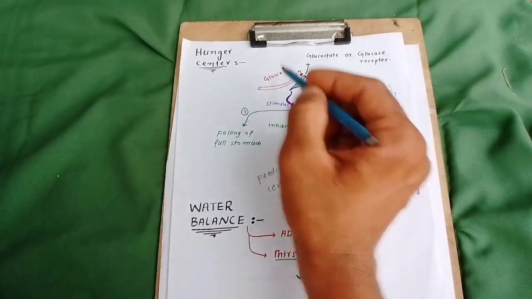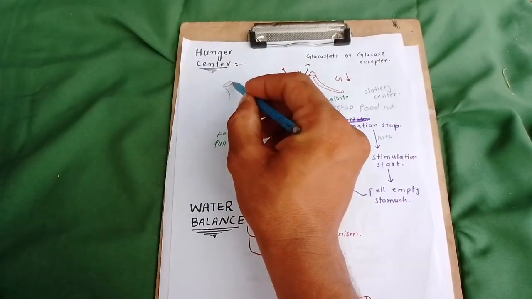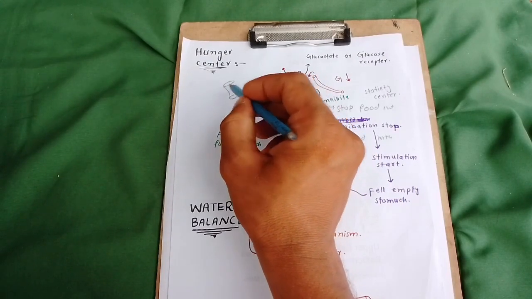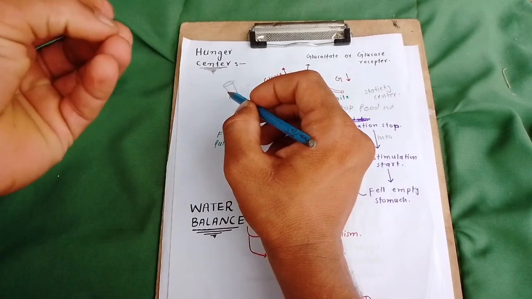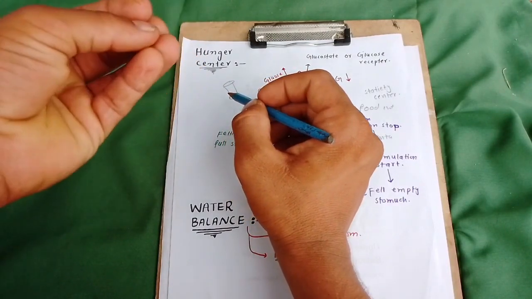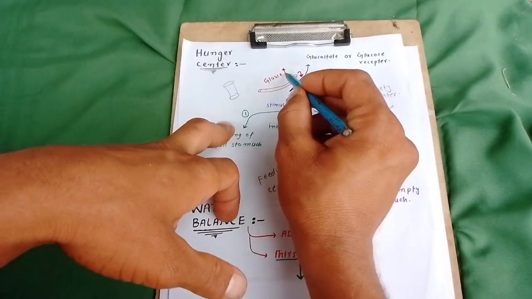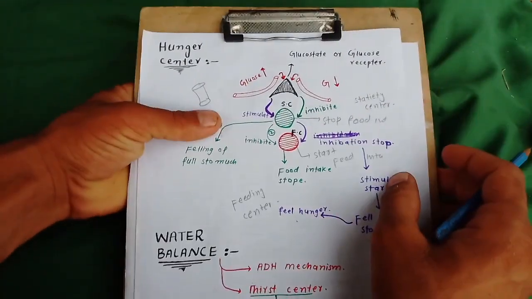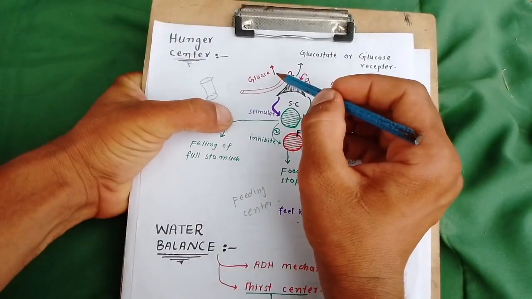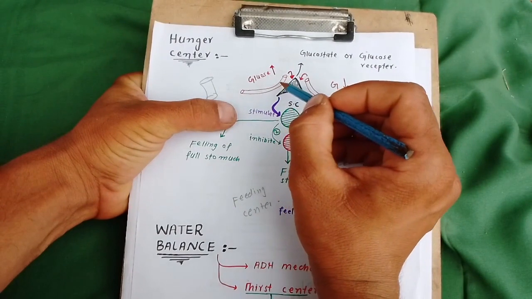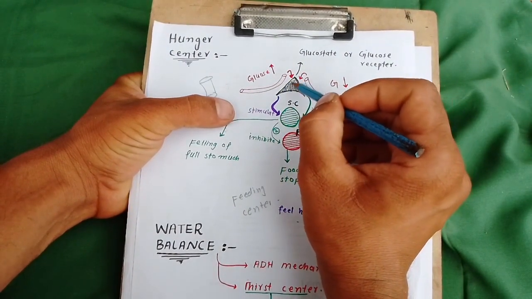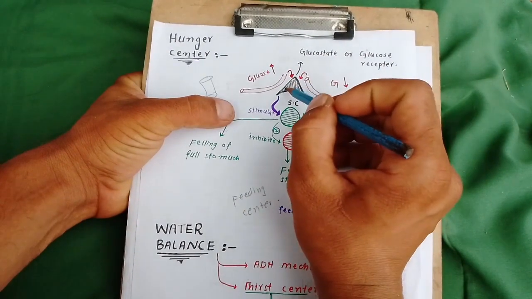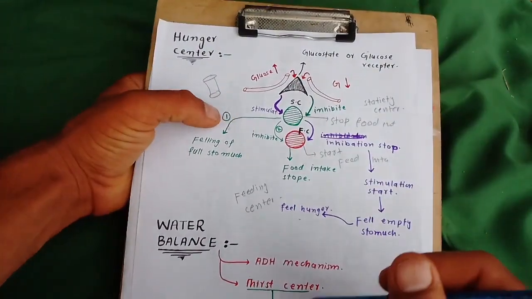Suppose we take a huge meal, and we eat some bread, some glucose, some sugar, so the blood glucose level is high. When this high blood glucose is passed from this area, it stimulates this receptor. The glucostat receptor is now stimulated due to high blood glucose level.